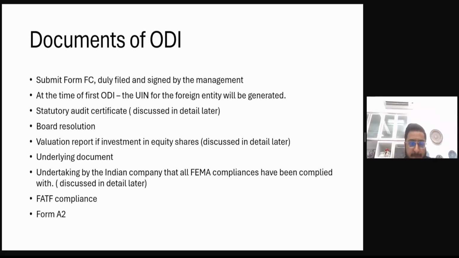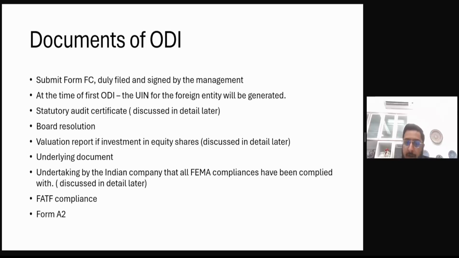As per the ODI rules, what is the value at which you can do this investment? If you're doing an investment in equity shares, then what valuation should be done? As per the law, it should be the fair value as per internationally accepted methodologies. In internationally accepted methodology, normally DCF, the discounting factor method, is one of the most commonly used methods.